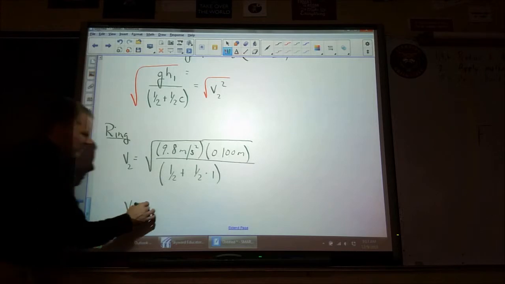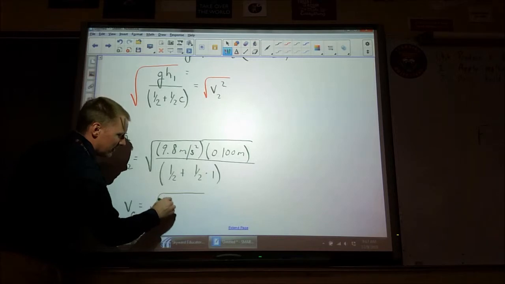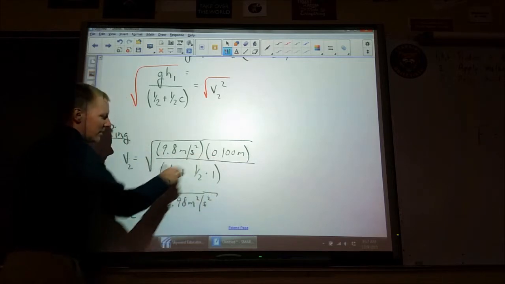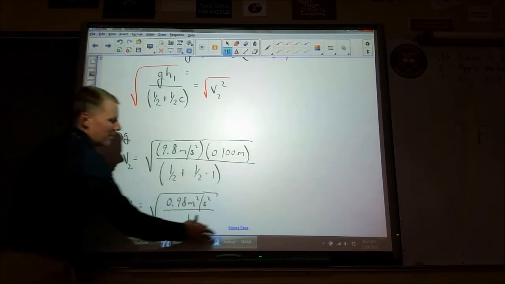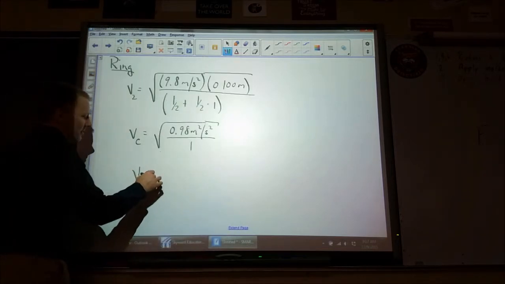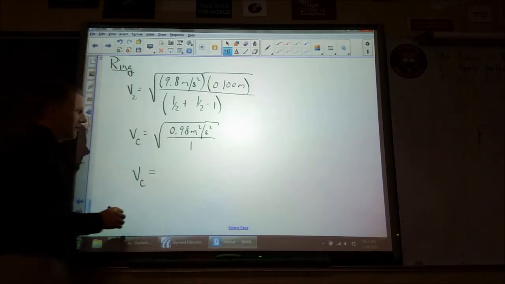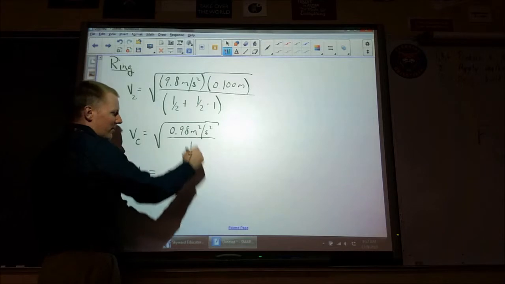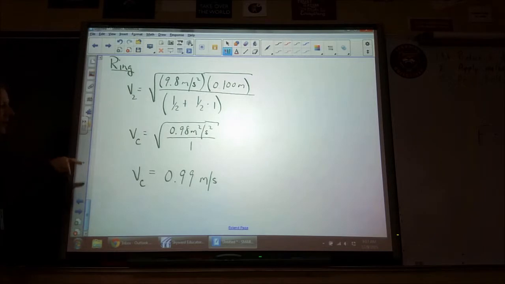So let's take this out. I bet I can do, well, not quite all of it in my head. 0.98 meters squared per second squared from the top. Down here, I can do this part, 1/2 plus 1/2 is 1. And if I take the square root of that, I'm going to be really, really close to 1. 0.99. Yeah. And take the square root of this, meters squared per second squared, meters per second.